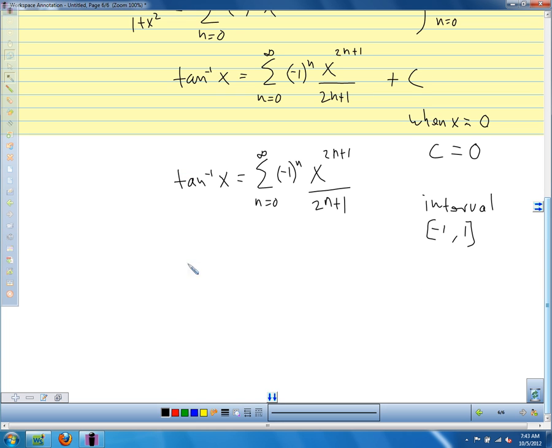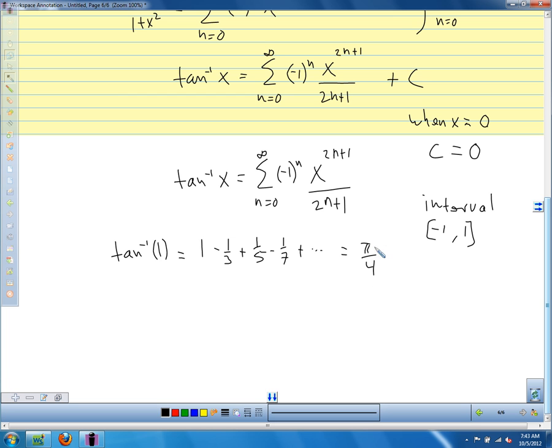And this leads us to a very famous formula for pi over 4. The inverse tangent of 1 is 1 minus 1/3 plus 1/5 minus 1/7 plus dot dot dot, and that equals pi over 4.